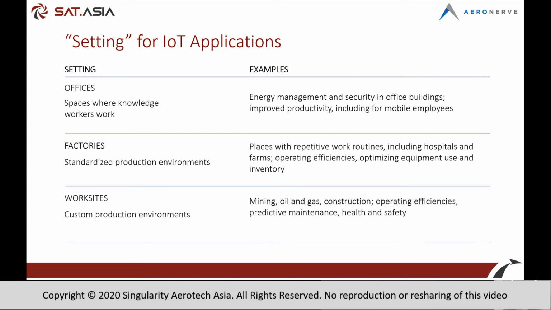So the next setting will be your office. It's a simple thing such as energy conservation. For example, in a big office, you pay for air conditioning, electricity, and lighting, and most of the time, sometimes in a meeting room, people leave the lights on and the aircon on.